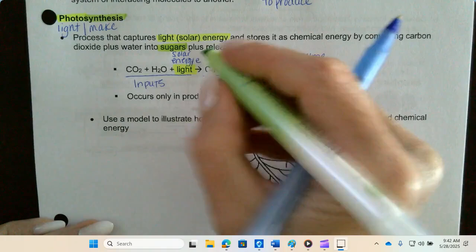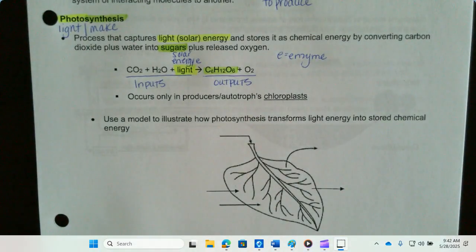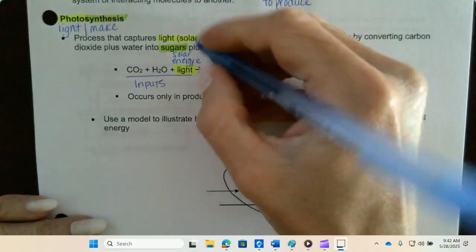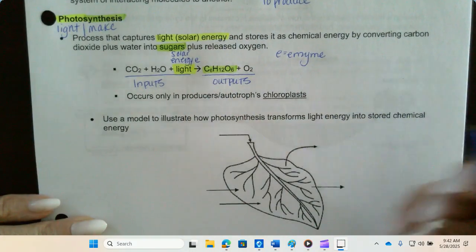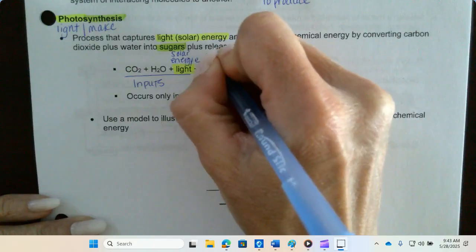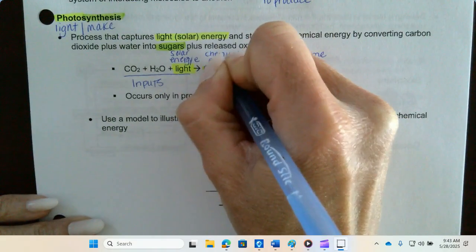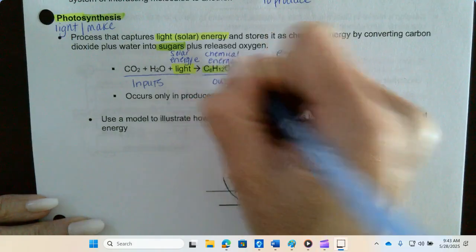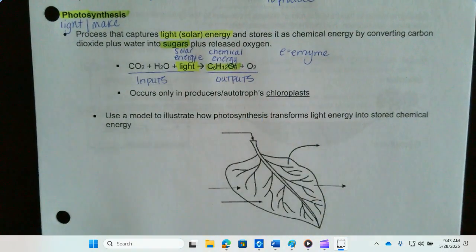Then over here, the energy I wind up with in the end is going to be my glucose. Glucose, C6H12O6, you should be able to recognize the formula, although maybe you won't have to write it down, is going to be our chemical energy. So here, this is the transfer of energy.